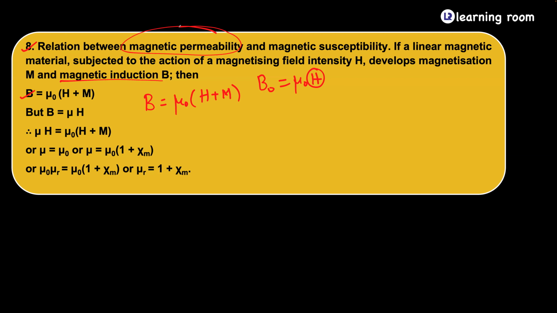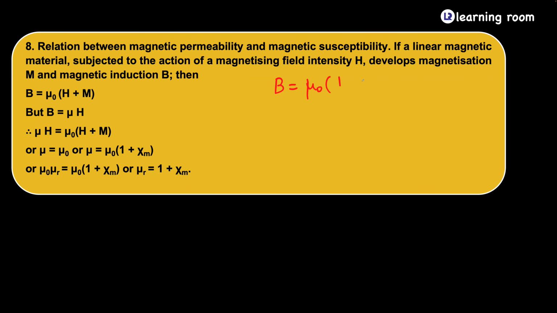I gave you the relation for permeability, magnetic induction and H. Fifth point: what is given? I'll write it separately. Are you in agreement with this?